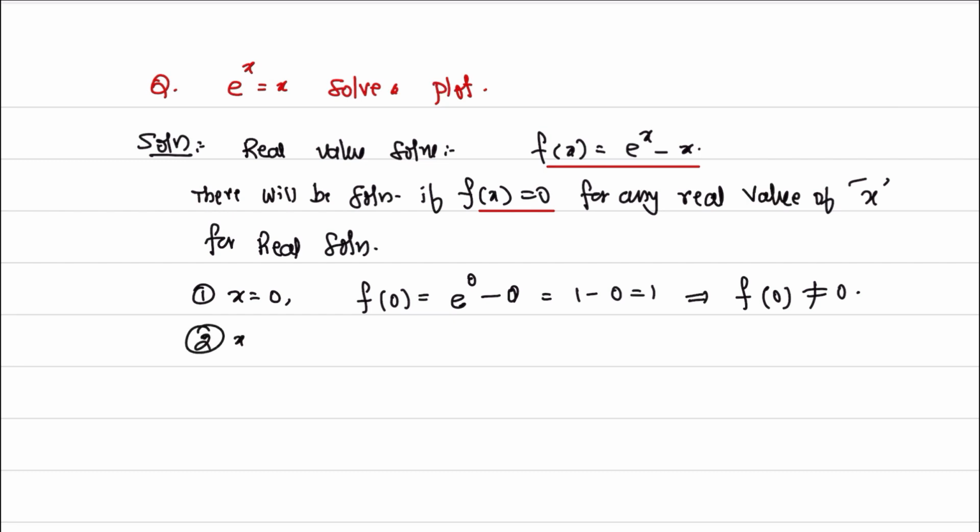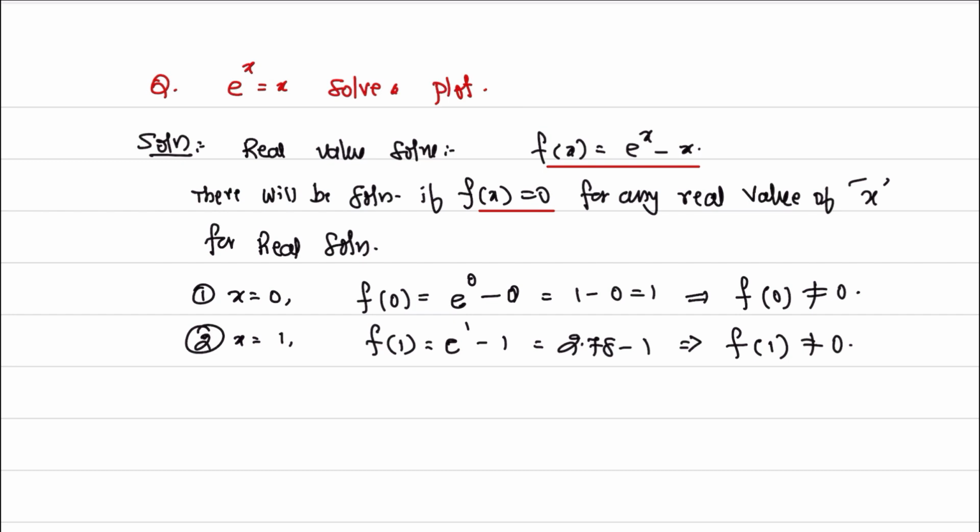Second, let us say x is equal to 1. What is function 1? That is e to the power of 1 minus 1, that is 2.78 minus 1. That implies function 1 is not equal to 0. That means it does not have roots at 0 and 1.